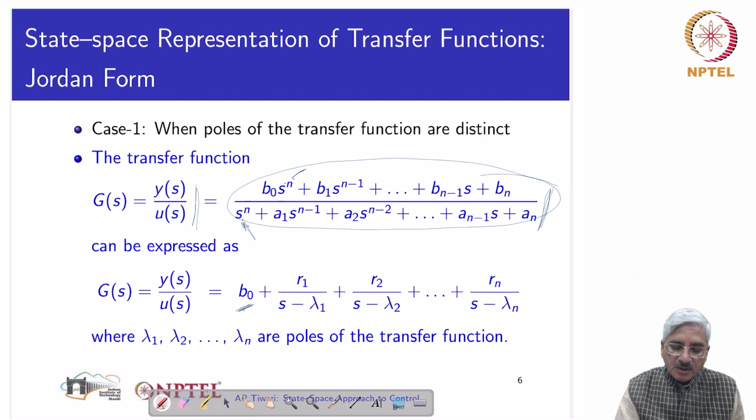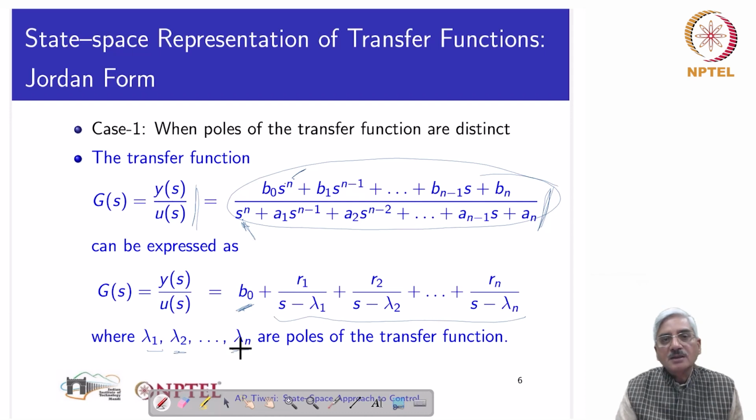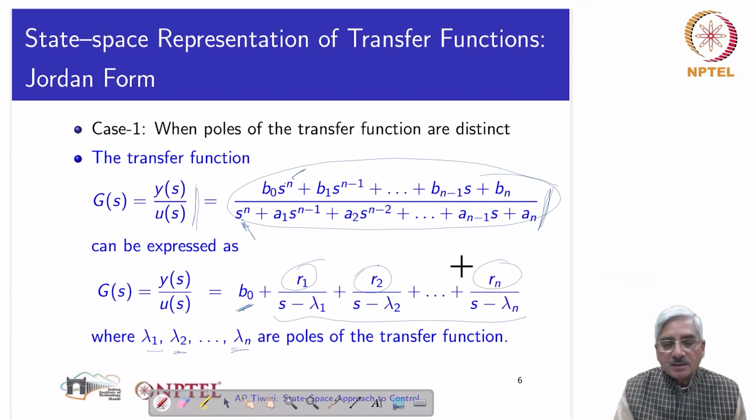So we get b0 plus n terms of the form r1 by s minus lambda 1, r2 by s minus lambda 2, etc. Lambda 1, lambda 2, lambda n are the poles of the system, and r1, r2, etc. are the residues in the partial fraction expansion.